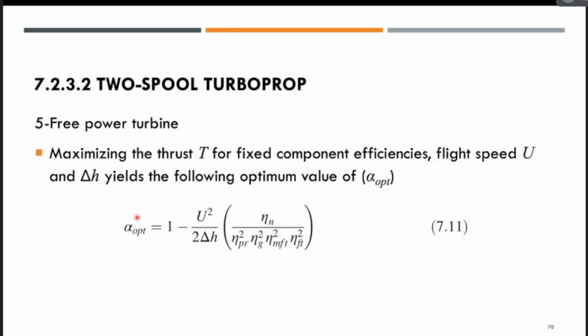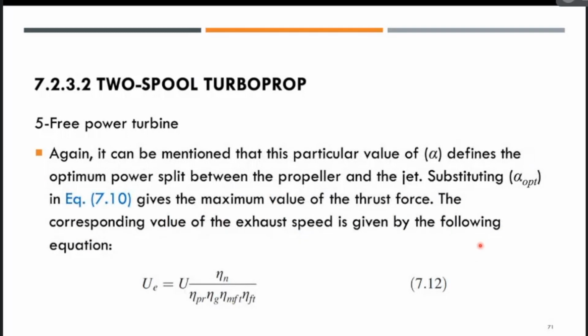Maximizing the thrust for fixed component efficiencies, the flight speed U and delta H yields the following optimum value. You can get the alpha_opt using 7.11. Again, it can be mentioned that this particular value of alpha defines the optimum power split between the propeller and the jet.